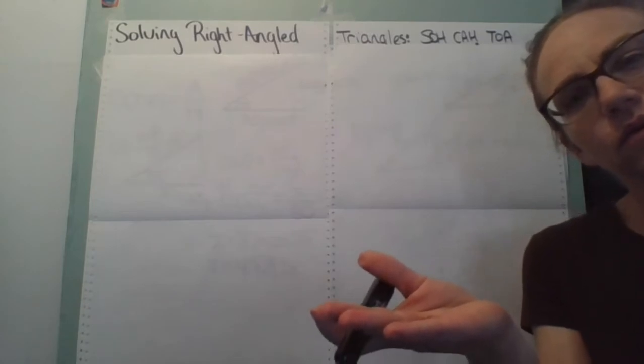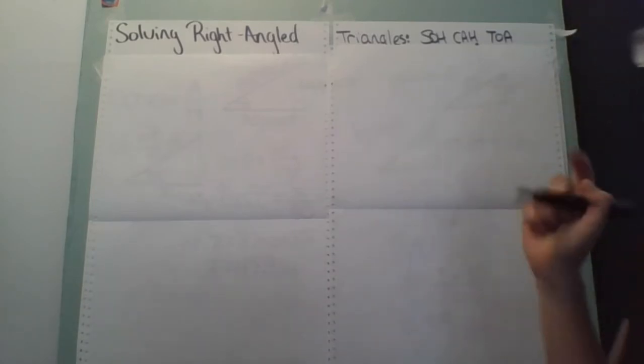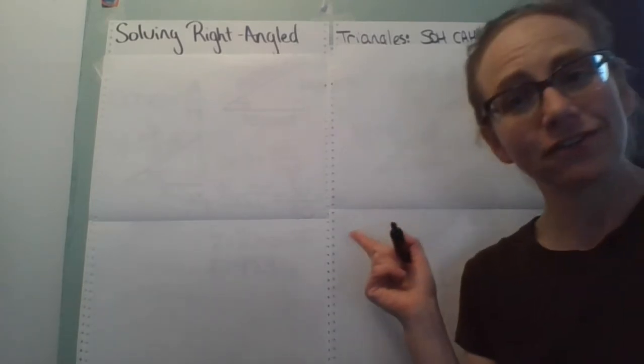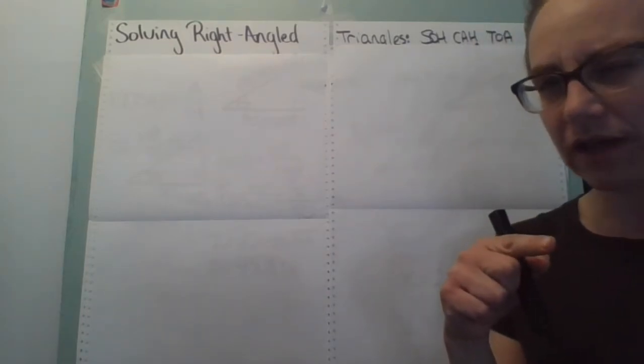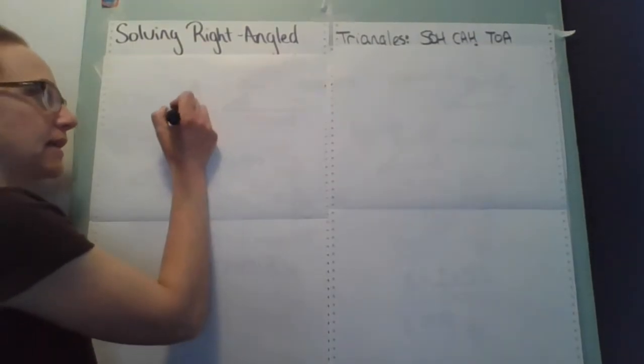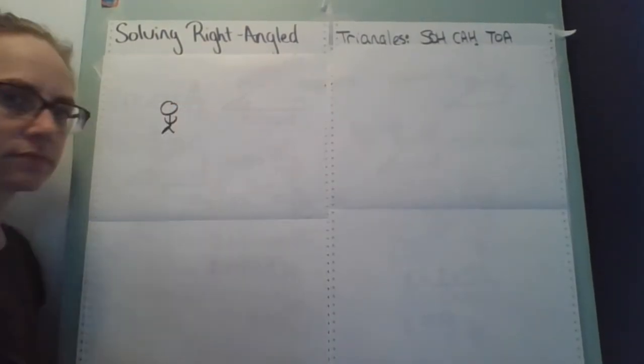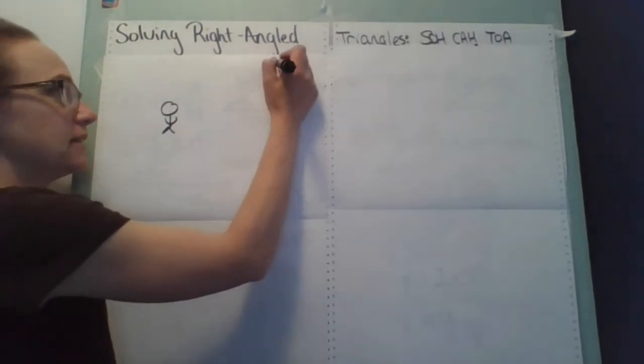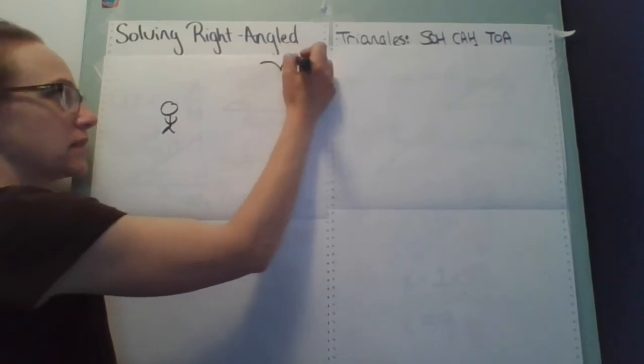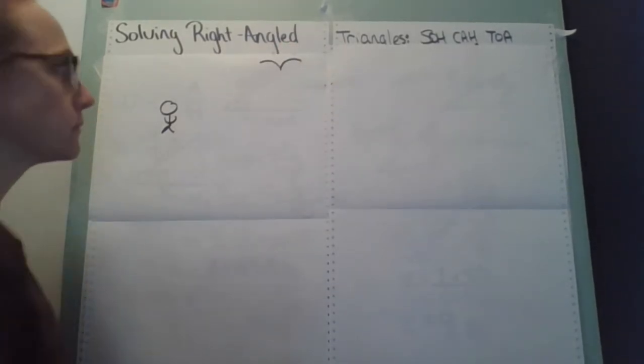Okay, so let's do another question. And this time, I'm not going to tell you which one we're going to use. We're going to figure that one out. And I'm going to throw a little bit of other stuff in there for us. So, let's say I have a person standing here. Okay? And they see, let's say, a bird. That's my bird.